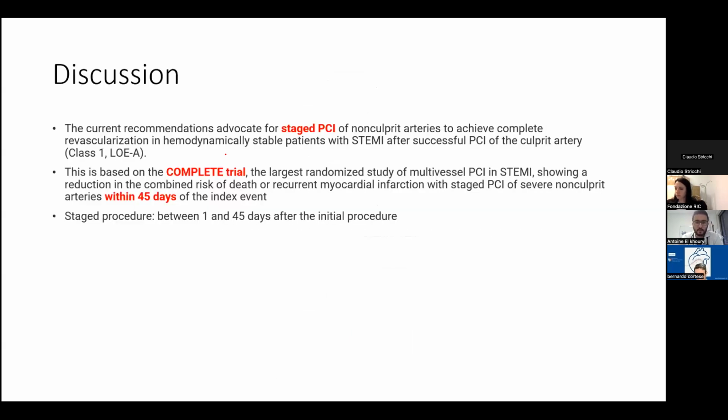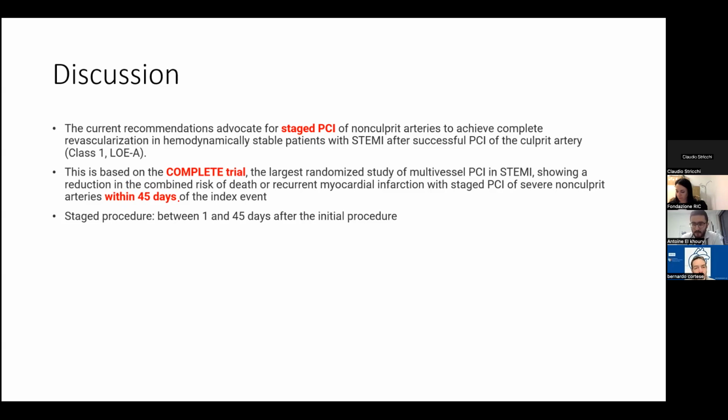Okay, so these guidelines came, as we said, after a study called the COMPLETE trial. This study included around 4,000 patients in different parts of the world, and they concluded that patients who had complete revascularization within 45 days of the initial event had a decrease in long-term mortality over 3 years.